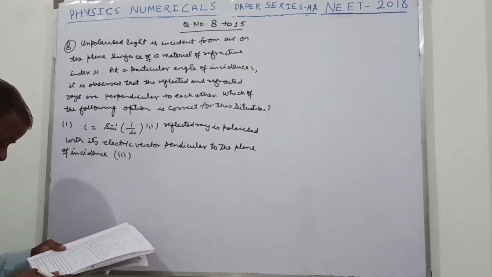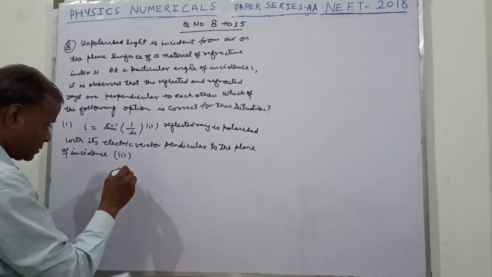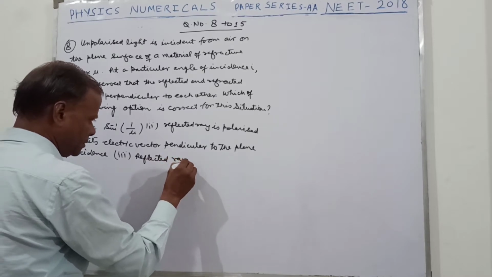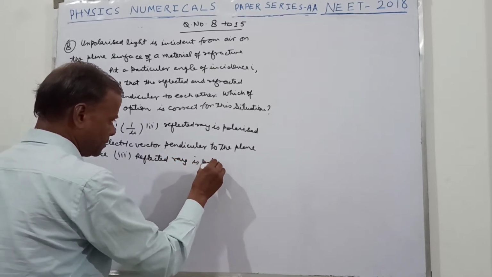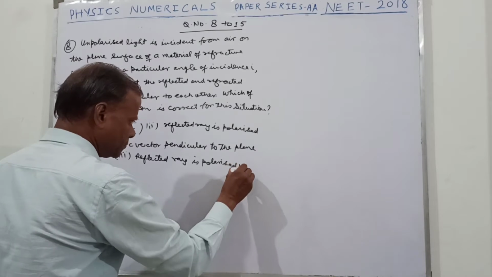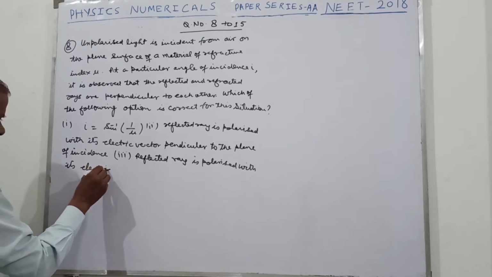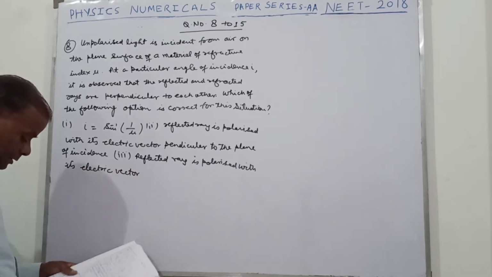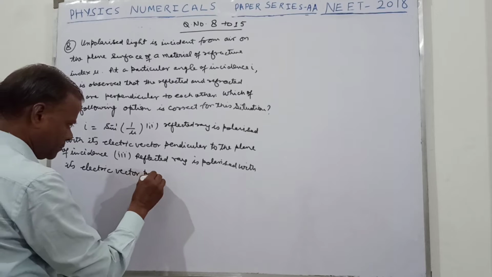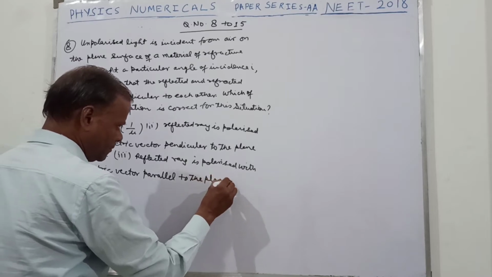And now the third option. The reflected ray is polarized with its electric vector parallel to the plane of incidence.